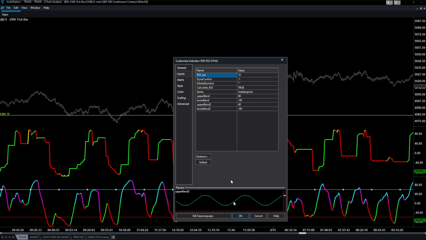Now let me repeat that. You see that it's already set to 90, and there's a second band at 60. The band at 60 is being displayed. To display the upper band, you need to go in here to Style. This has been moved over to Clear, but if you slide that bar to Solid, then it will display as well.